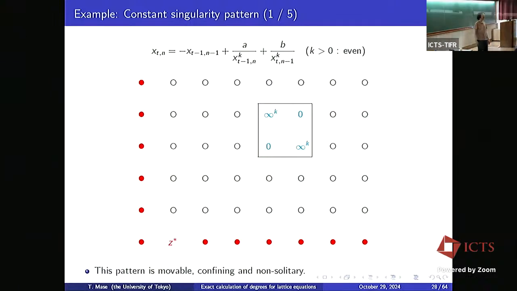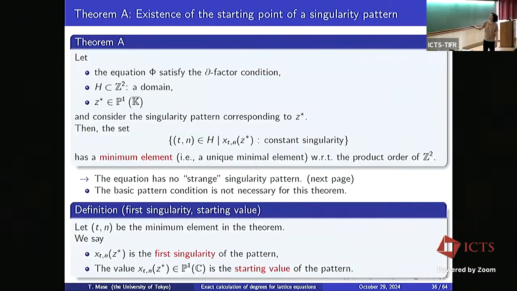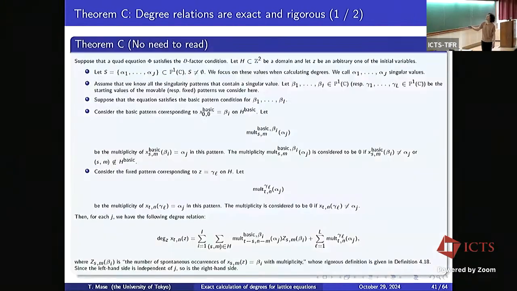Could you please give an intuition of what it means that, for example, 0 spontaneously appears? The definition is, somewhere on the bottom line: ZSM is the number of spontaneous occurrences, whose recurrence definition is given in definition 4.18.